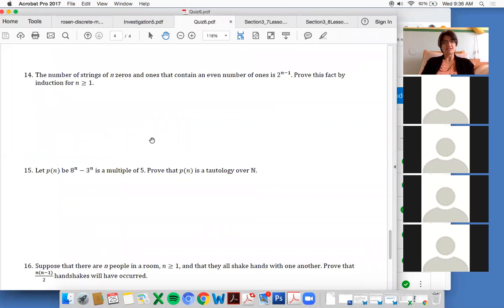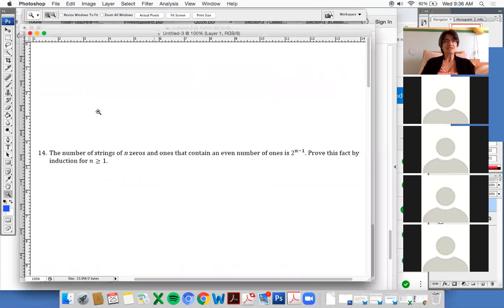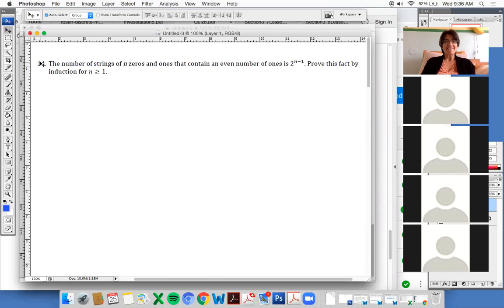All right, so this has to do with the number of strings of zeros and ones. So this problem says the number of strings of n zeros and ones that contain an even number of ones is 2 to the n minus 1.